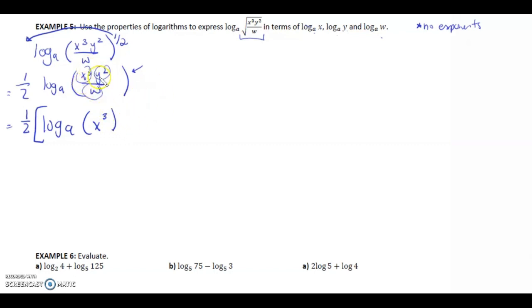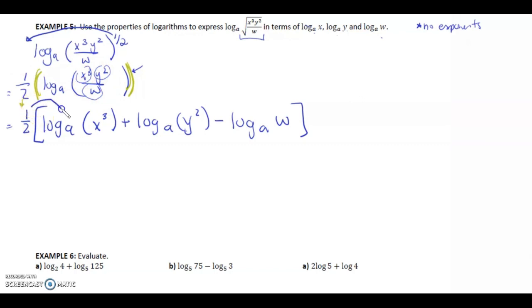Because x cubed and y squared are multiplied, we can add those: log base A, y squared. You can bracket, you can leave it, doesn't matter. And because the w is divided, we would then put minus log base A, w, and big bracket. We put the big bracket because we essentially brought down that 1/2, and we expanded this log base A of this fraction.